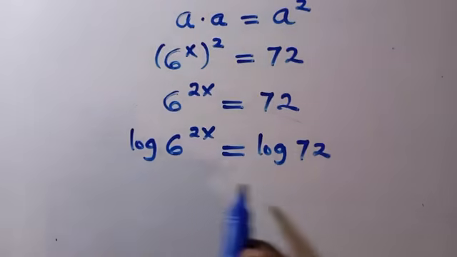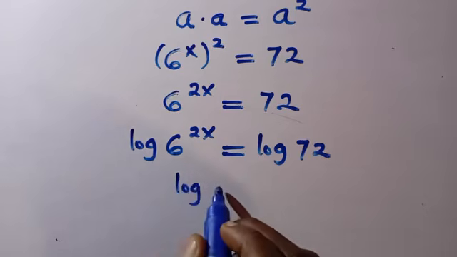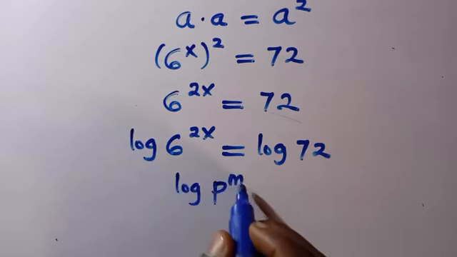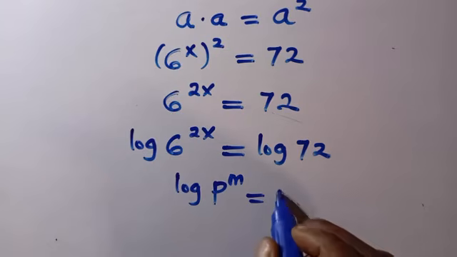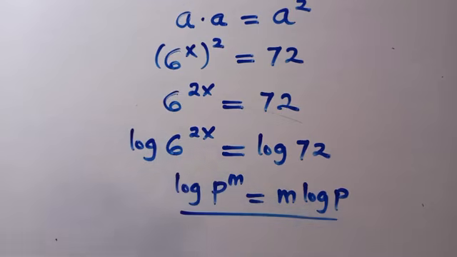So we have this kind of logarithm here. Let's apply this rule: if you have log p raised to power m, it equals m log p. This is the expression we are going to apply.